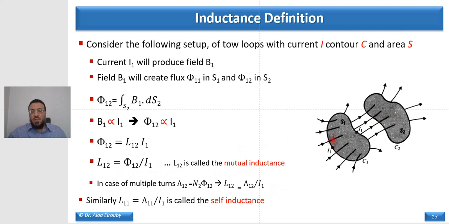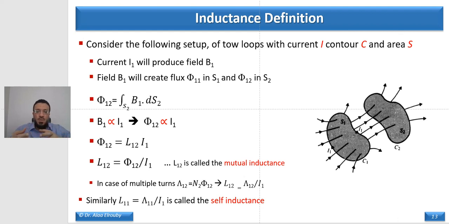If any of the circuits, so let us assume that circuit 2 does have multiple turns. So it's not just one loop, it's multiple loops. So the linkage will equal the number of loops multiplied by the flux over one loop. Why is this? Because the flux that goes into one loop will also go to the second loop, to the third loop, and so forth.